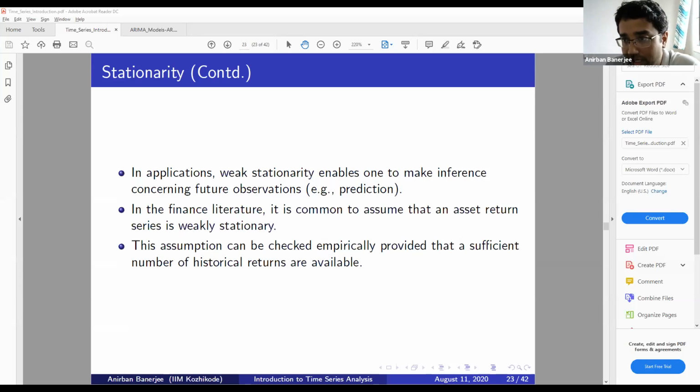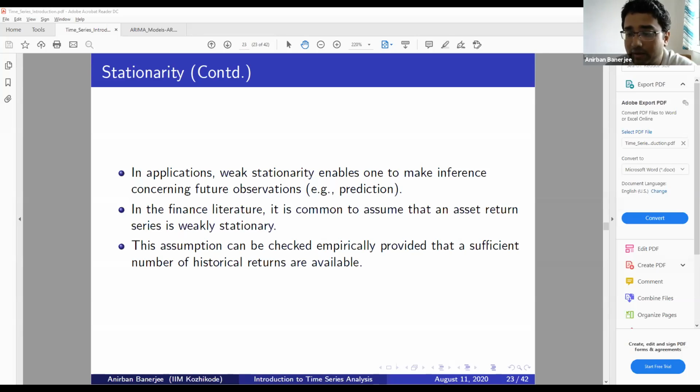So right now we are going to inherently assume that whatever return series we are considering are weakly stationary. We are not going to explicitly test for their stationarity. Relatively later in the class, we would relax that assumption, test for it statistically, and make corrections in the model if it is not so. I hope that possibly answers your queries.